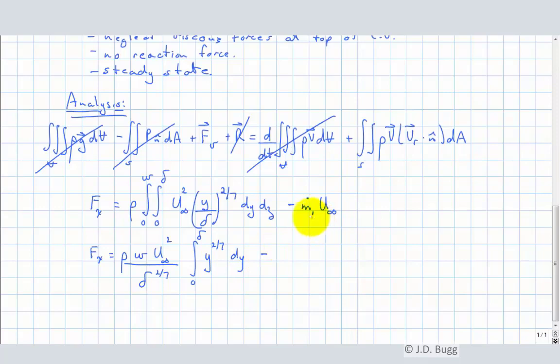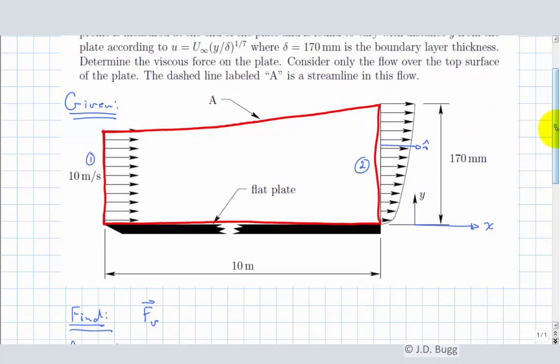Minus the mass flow rate here. We can represent the mass flow rate in terms of other variables here, in terms of u infinity, this distance, and the width of the gate, which we've already called w, and of course the density of the fluid. So I'm going to label or dimension this distance, because we don't know what that is yet. Notice that wasn't given. I'm just going to call that h for now.